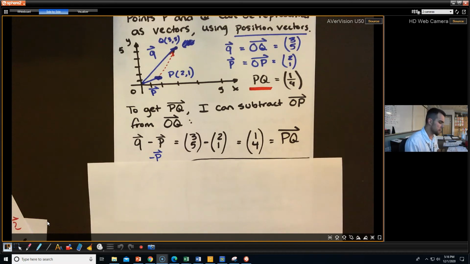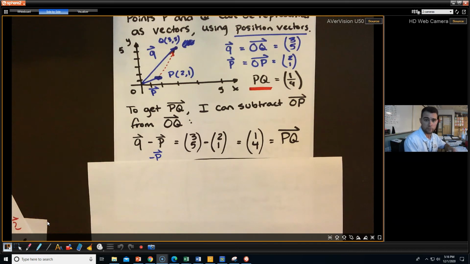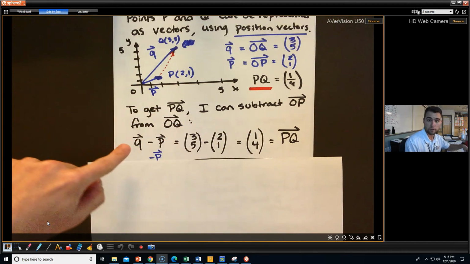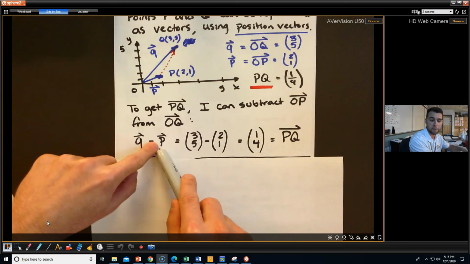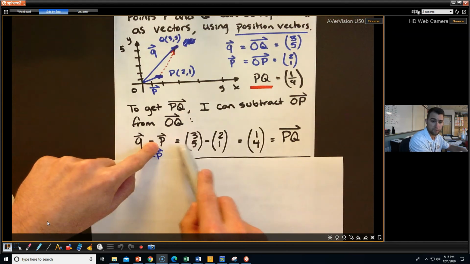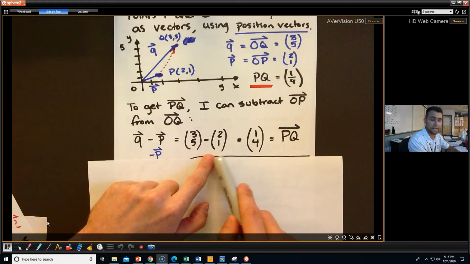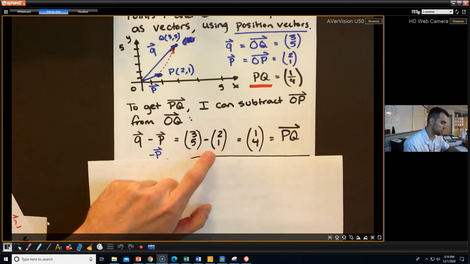So I'm going to use Q and P instead. I'm subtracting OP from OQ, so starting with OQ, that's my Q vector, minus my P vector. We saw that those would equal 3 over 5 minus 2 over 1. And if I just do my vector subtraction, I end up getting 1 over 4 for PQ.